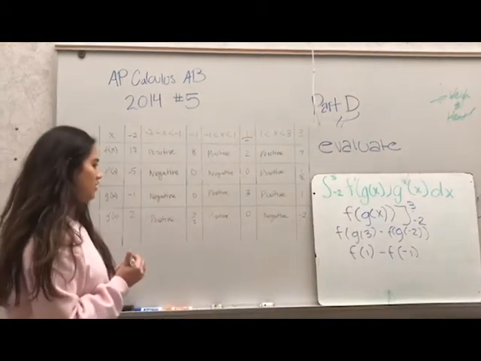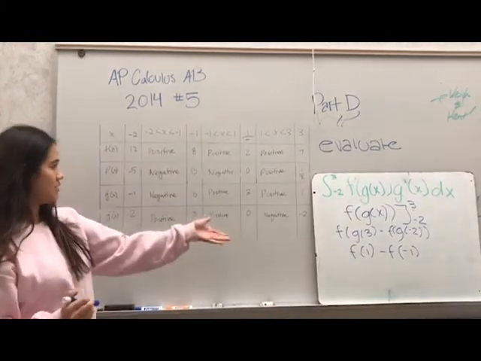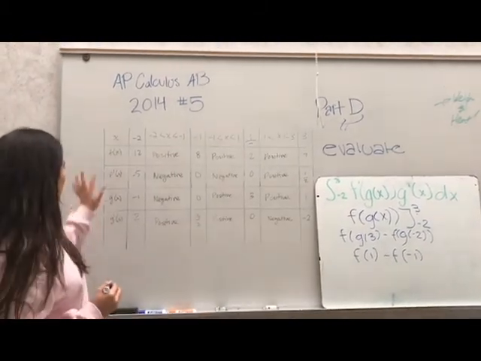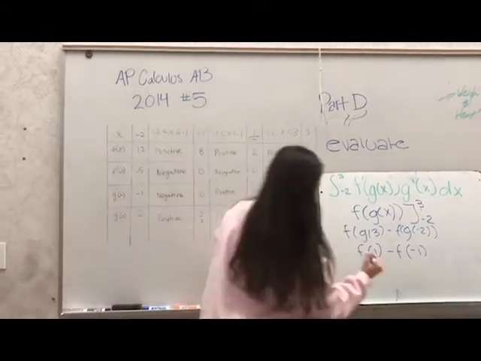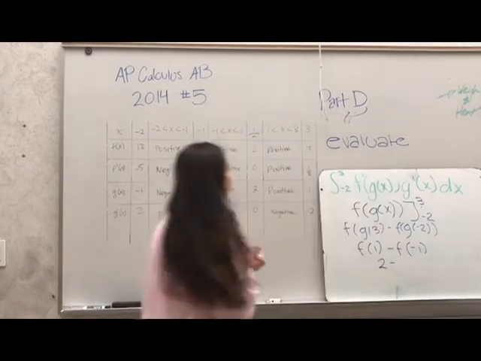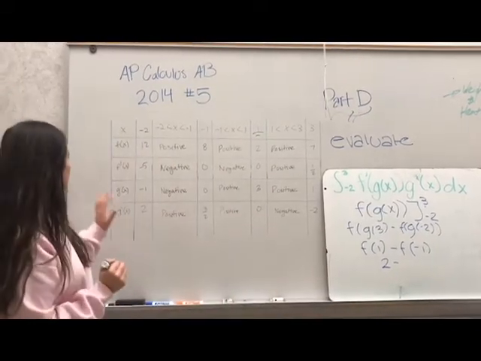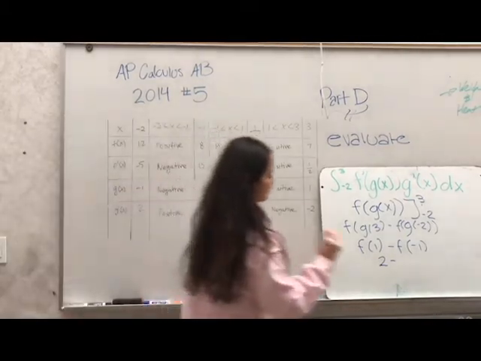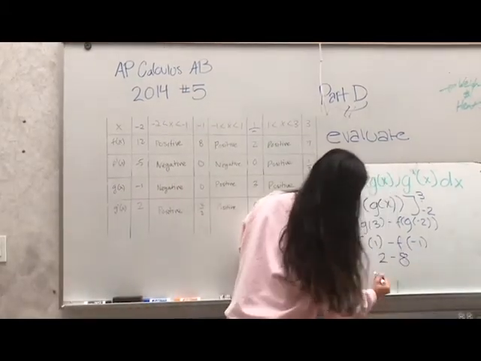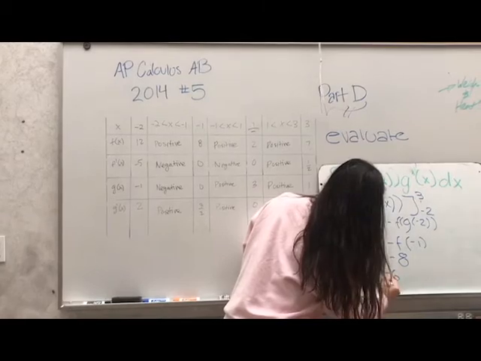So now all you have to do is look at these on the chart. So f of 1 is 2. So 2 minus f of -1, which is f of 8. And you get that your answer is -6.